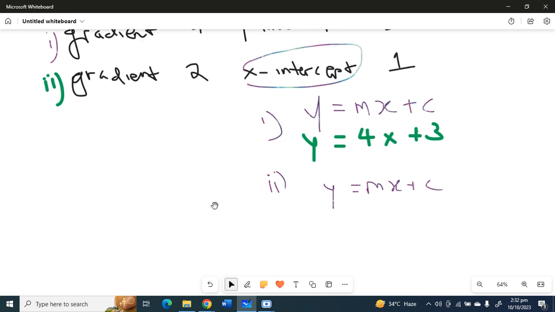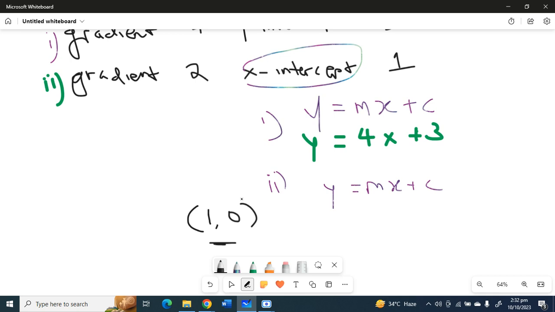So we want to find the value of c. Remember, when we say the x-intercept, these are the coordinates of the point 1 and 0. For our x-intercept of 1, our x-coordinate is 1, our y-coordinate is 0.